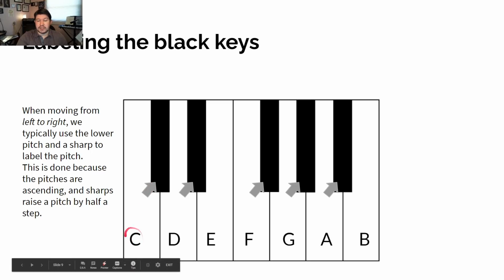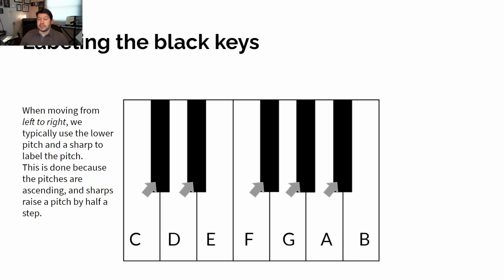So if we're starting on C right here, and we want to find out what this black key is, we're going to take the letter name of C and attach it to that key. But we are also going to call that sharp because it does have to go up a half step. We do this because the pitches are ascending, which means to get higher.